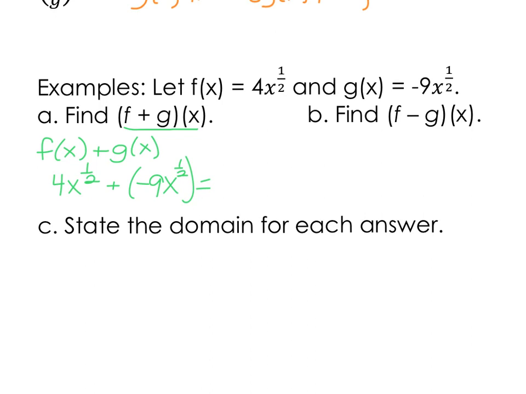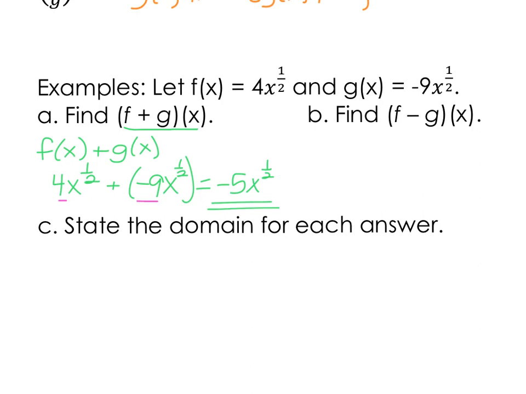To combine them, we're simply going to add your coefficients together. If we add 4 plus negative 9, we would end up with negative 5x to the 1/2. Notice our variable doesn't change, just the coefficient out in front.